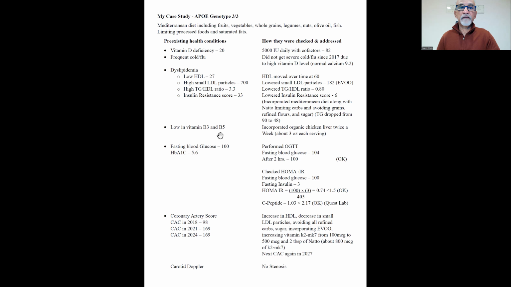That's it. B3, B5, B6, B9, B12, all the B complexes are loaded in chicken liver. Not only Bs, but all the minerals and other nutrients as well. It's a loaded food on the face of the earth, packed with all the nutrients.